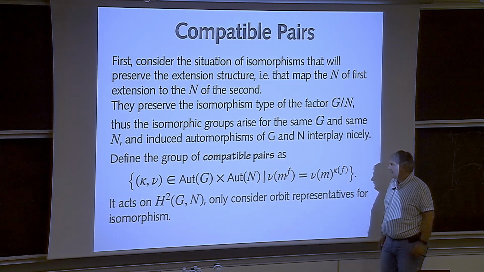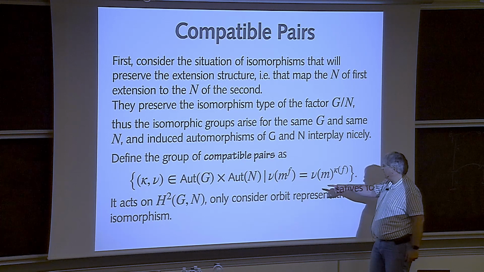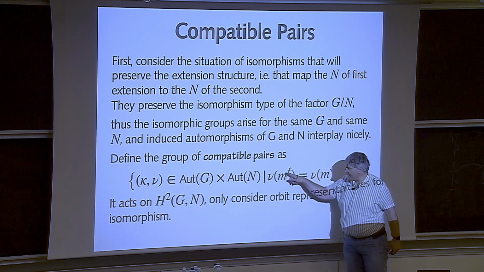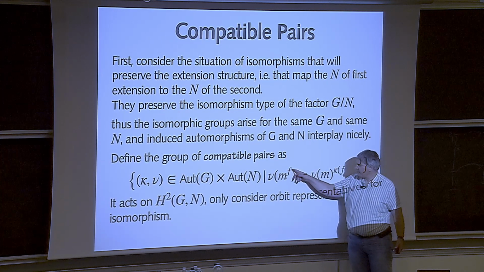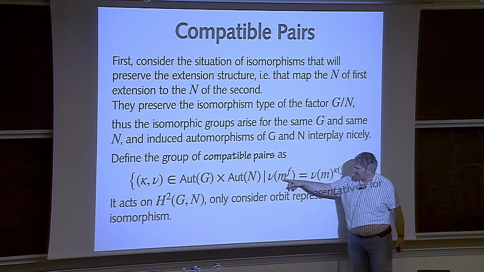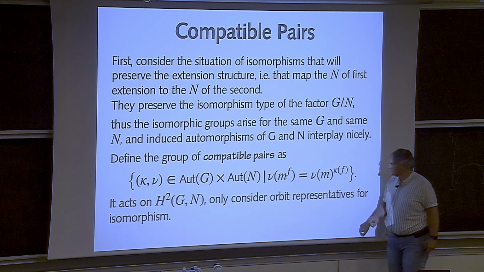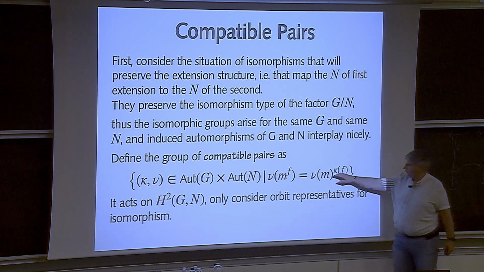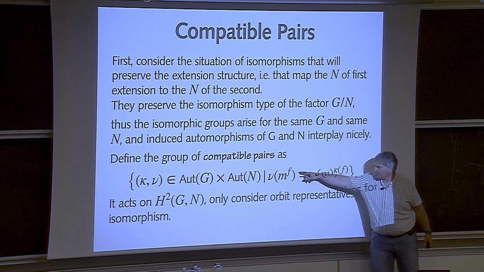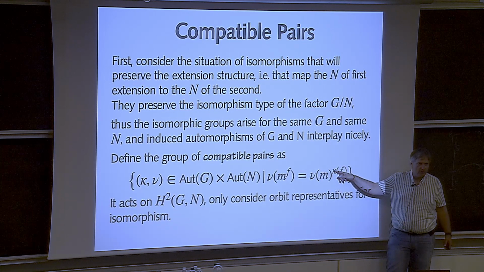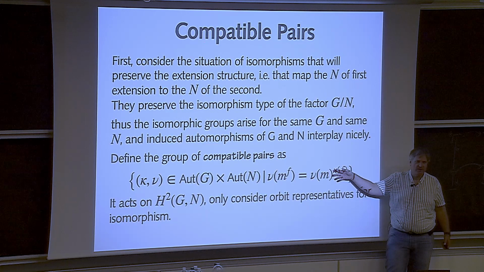That means, if I take an element m of the module, and an element f of the factor group G, which acts on the module, and I apply the module automorphism, that is the same as if I first apply the module automorphism to m and then act with the image of the factor group element under the factor group automorphism. This is basically a commutative diagram, if you like commutative diagrams.